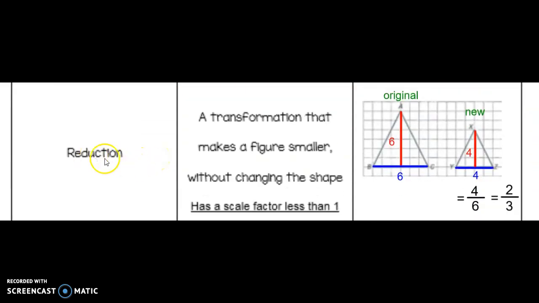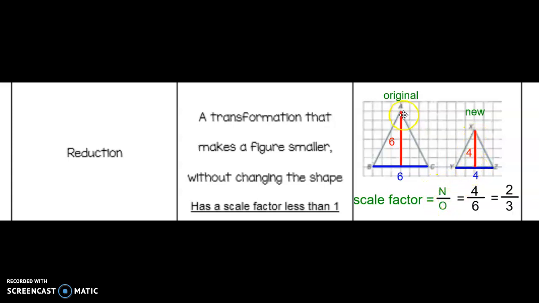A reduction is a transformation that makes the figure smaller without changing the shape. If it is a reduction, our scale factor must be less than 1. Half my example is showing, but that's okay. For my original figure, my scale factor is my new over my original.